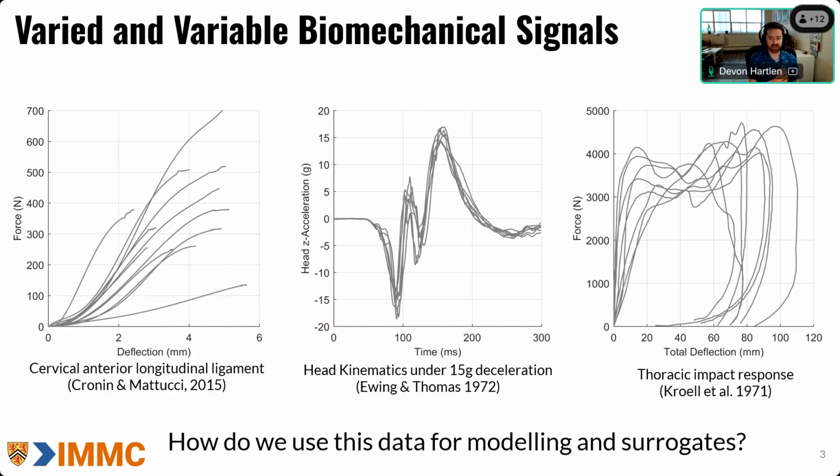This is data that exists along a similar time frame, for example, 0 to 300 milliseconds, but might not necessarily be well aligned in terms of features. And finally, we have this really old historic data that is incredibly valuable for validating HBMs and ATDs, but is really hard to deal with because it is non-monotonic and hysteretic. And the big question we have for a lot of open virtual testing, particularly for developing models and surrogates, is how do we actually use this data? And that's where ARCGen steps in.